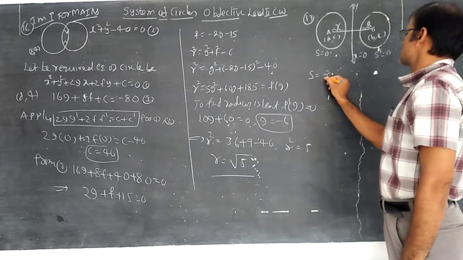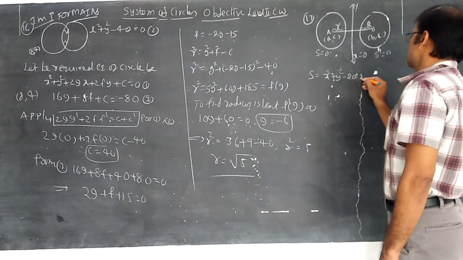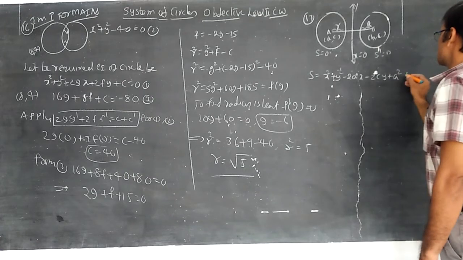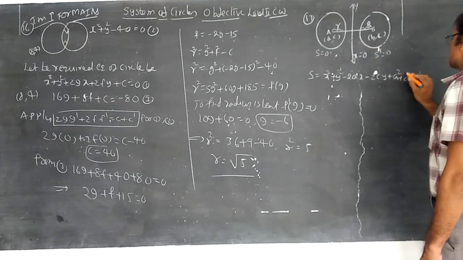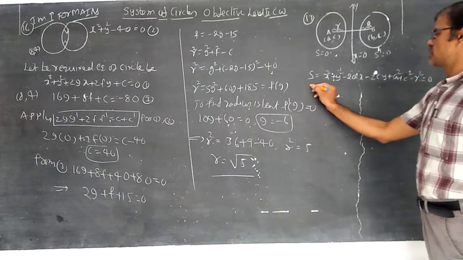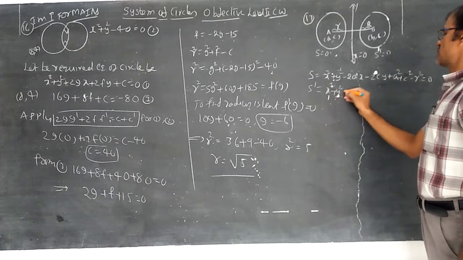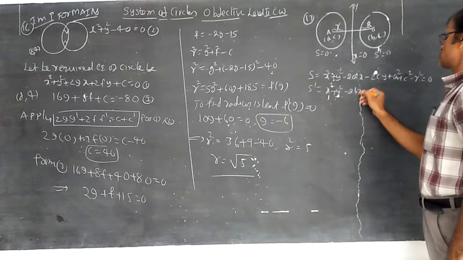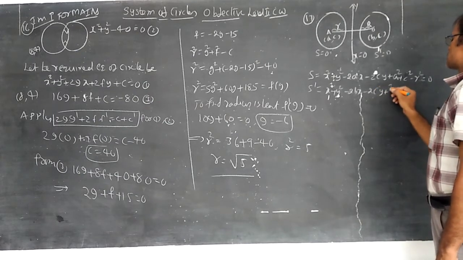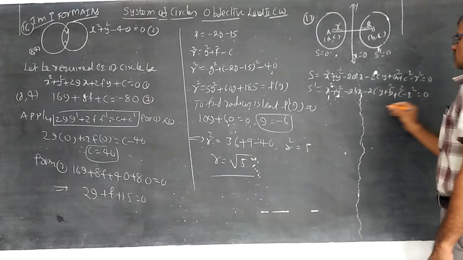S equal to 0 can be written as x square plus y square minus 2ax minus 2cy plus a square plus c square minus r square equal to 0. Next, the equation of S' is x square plus y square minus 2bx minus 2cy plus b square plus c square minus R square equal to 0.